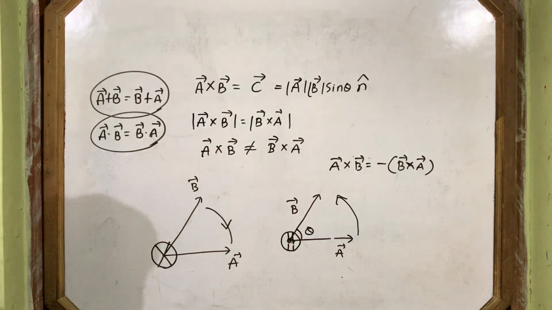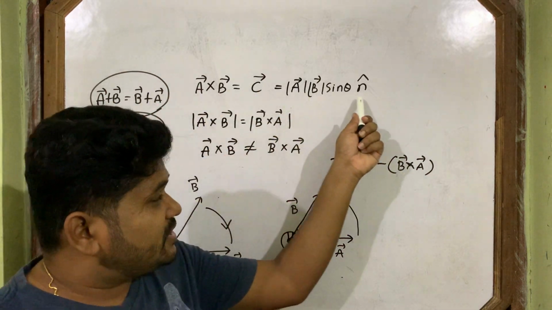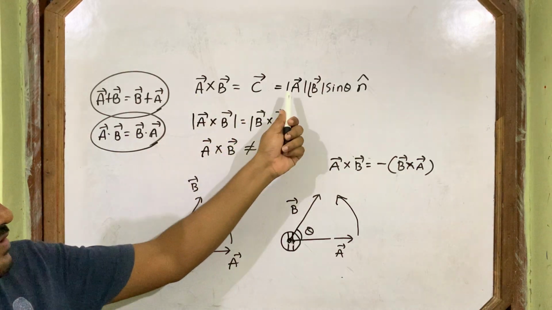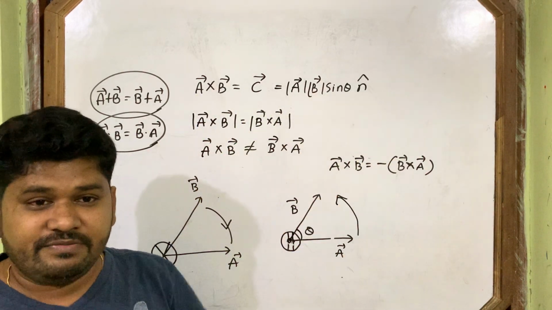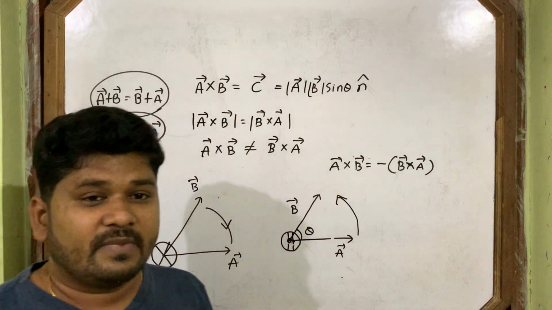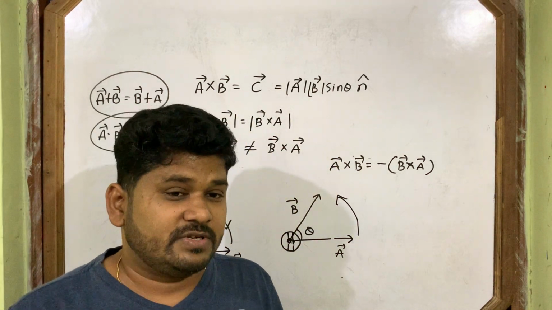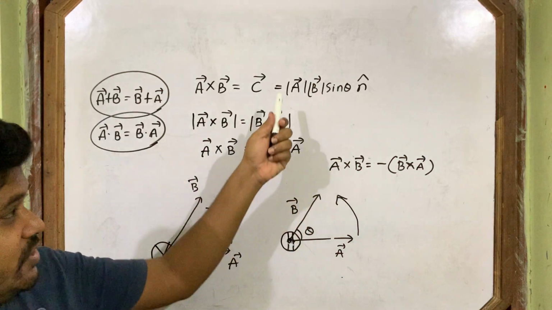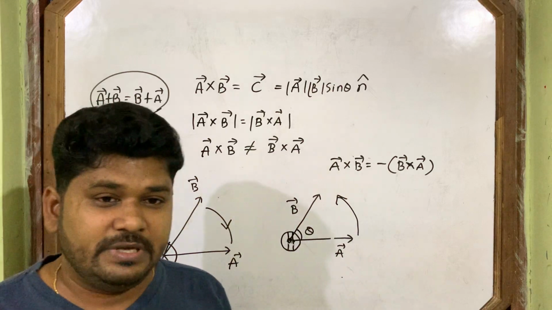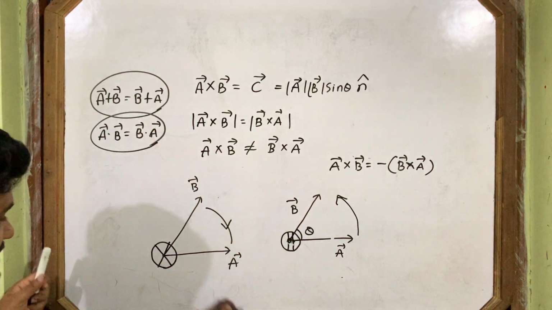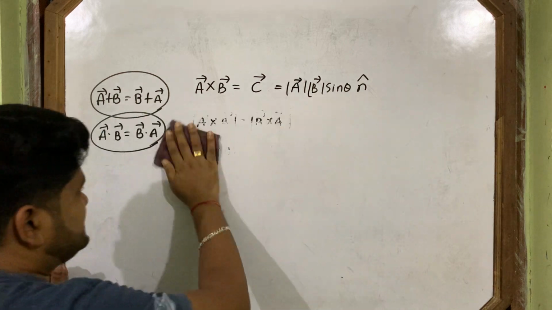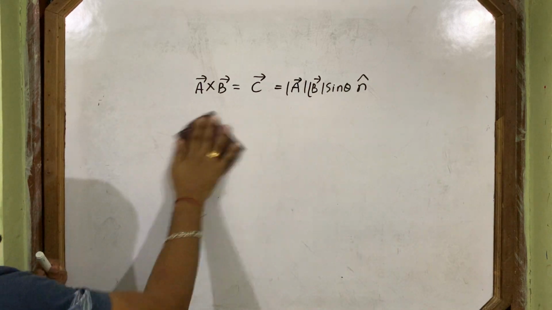So this is about the result of the cross product. You will now remember A cross B is equal to AB sin theta n cap, where the direction of n cap can be determined by the right hand thumb rule or Maxwell's corkscrew rule, and it is always perpendicular to A vector as well as B vector. As theta is there, we will not leave this without discussing its special cases.